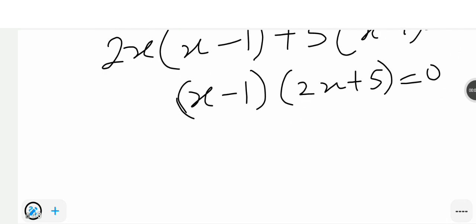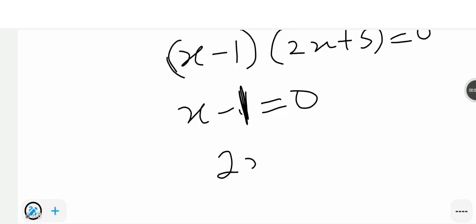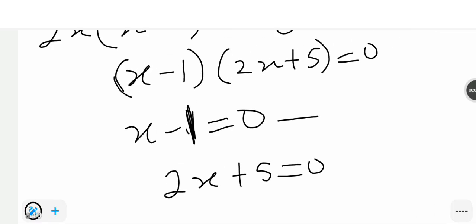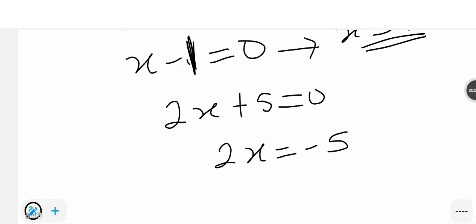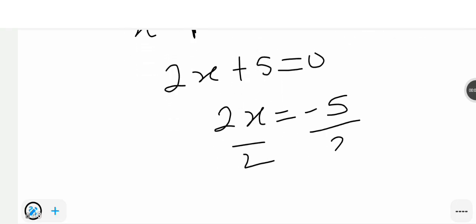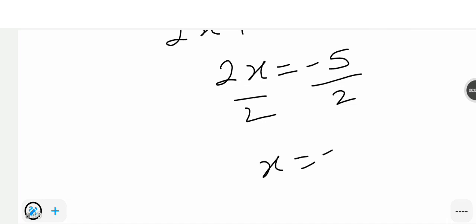So you have two answers. x minus 1 equals 0. That's the first answer. Second answer is 2x plus 5 equals 0. If you solve the first one, you get x equals 1. Then if you solve this one, you will get 2x equals minus 5, so x equals minus 5 over 2.